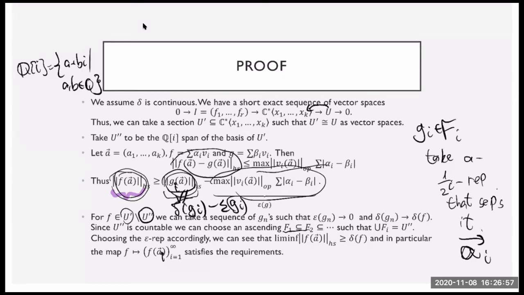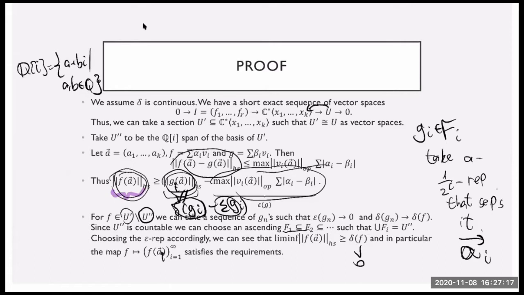And so this thing tends to delta of F, and this thing tends to 0. So we bounded the lim inf of our sequence from below by delta of F, which is strictly larger than 0. So we are bounded away from 0. This is not a sequence that tends to 0.